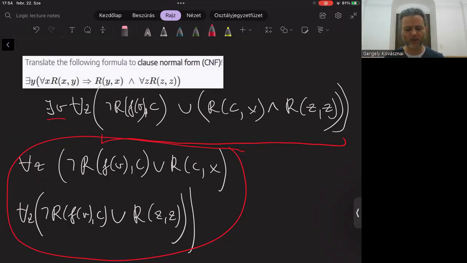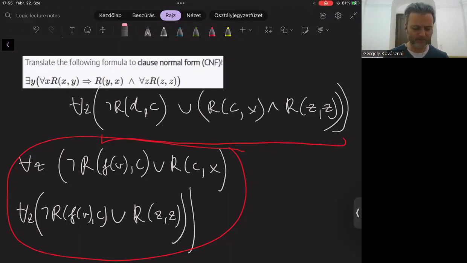Recall that c was a Skolem constant, and now instead of using f(v), I can use another Skolem constant like d. So I don't need a parameterized Skolem function in order to eliminate this quantifier.